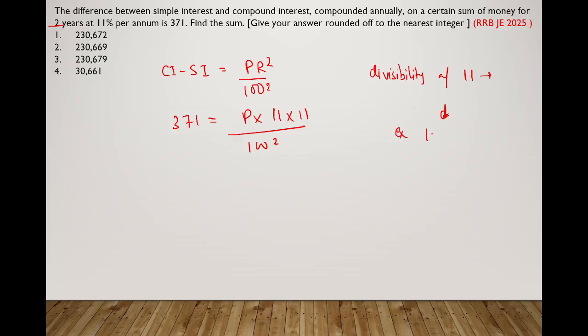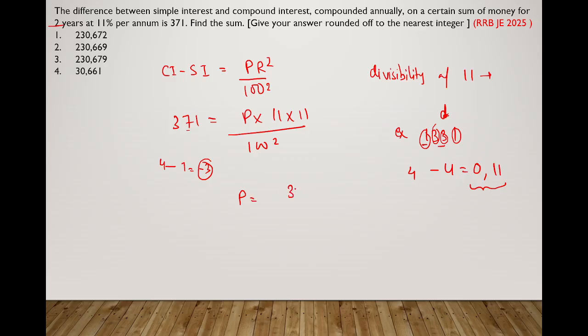Let's see with an example: 1331. The sum of odd places, 1 and 3, and the sum of even places, 3 and 1, the difference is 0. Either 0 or multiple of 11, then the value is divisible by 11. So let's see, is this divisible by 11? The difference of sum of odd and even place is 4, and sum of even place is 7. So this is not divisible by 11.